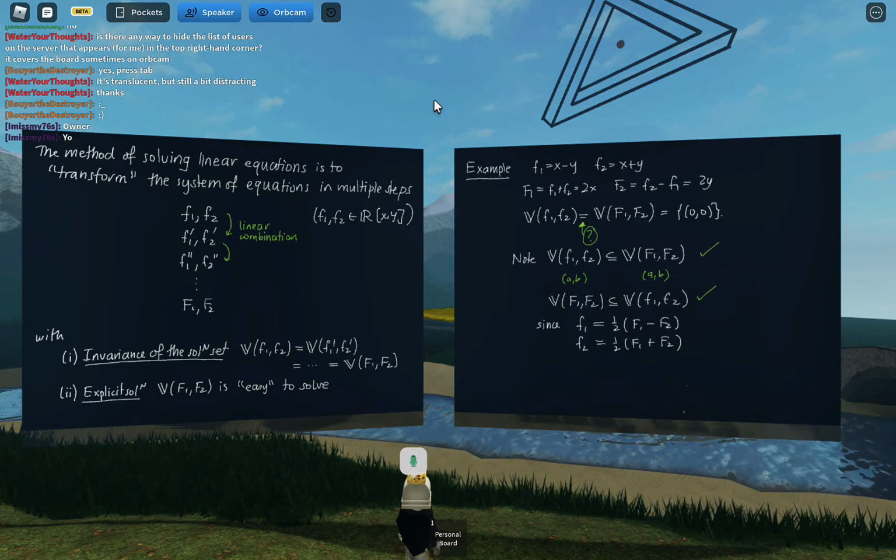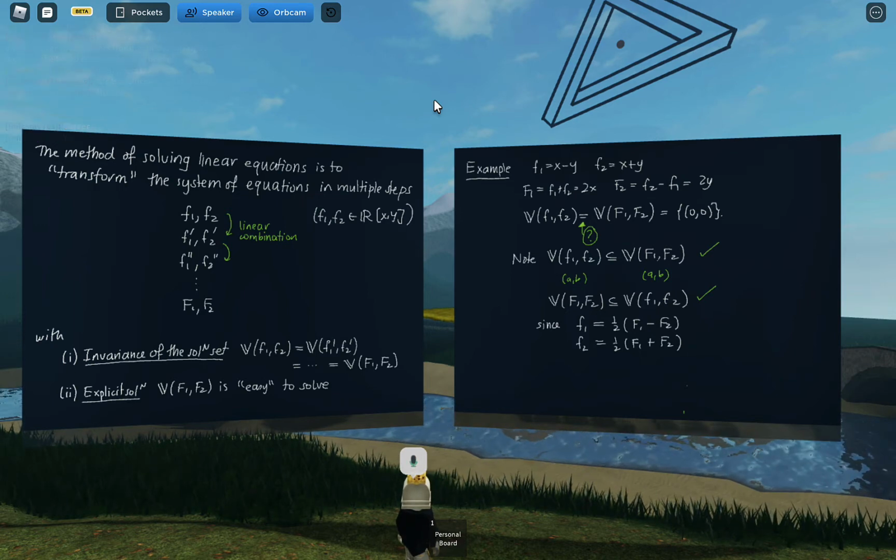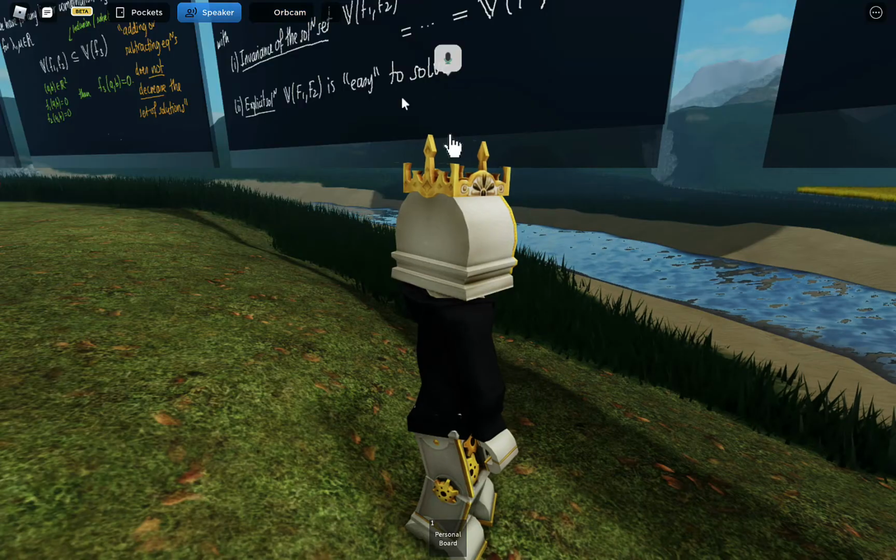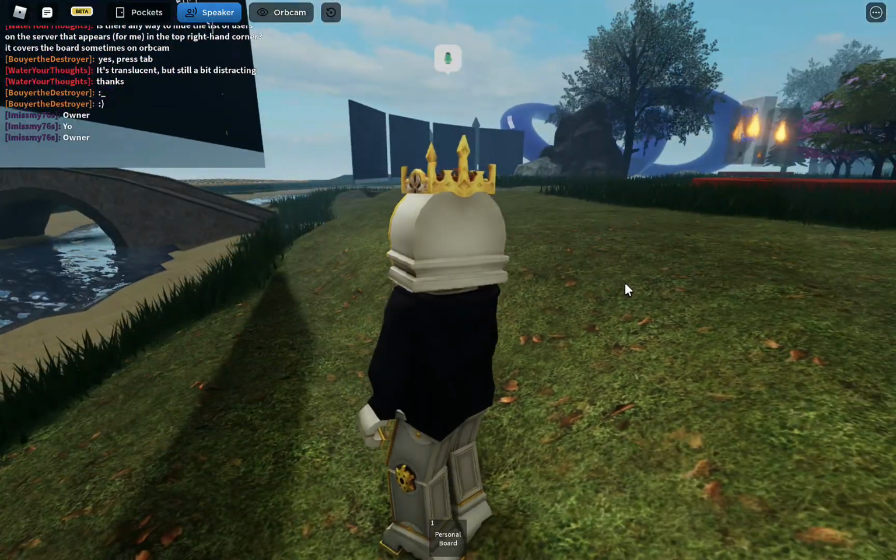So what I want to outline over the next 10 minutes or so is the condition, which is a simple way of checking that a given linear combination, so going from one line to the next in this algorithm, actually succeeds in the sense that the solution set is preserved. Alright, so we're going to move to the next set of boards.